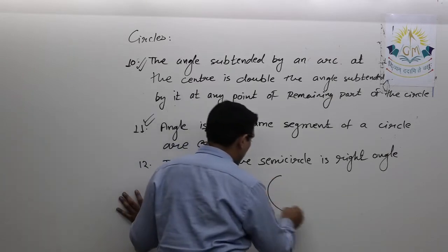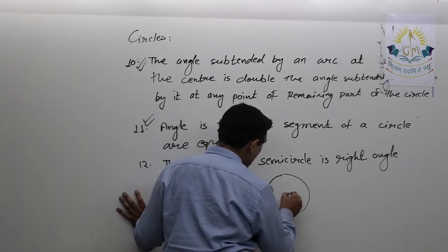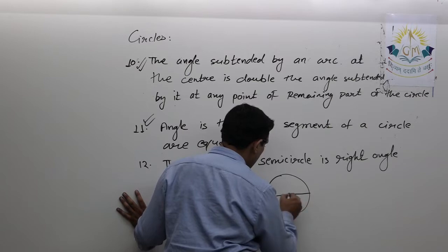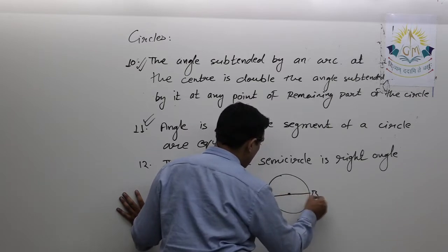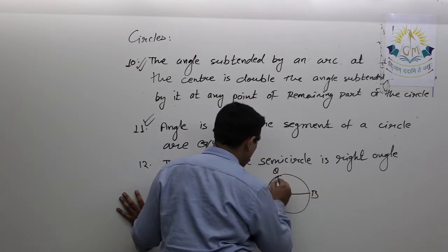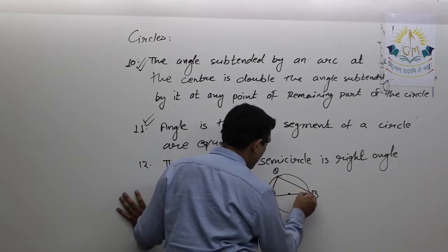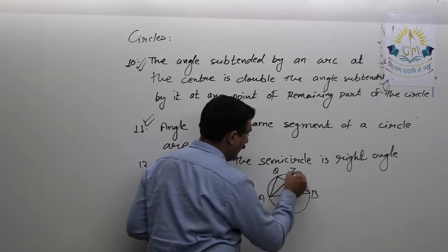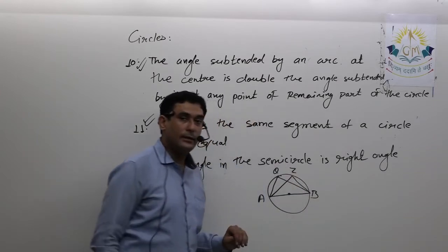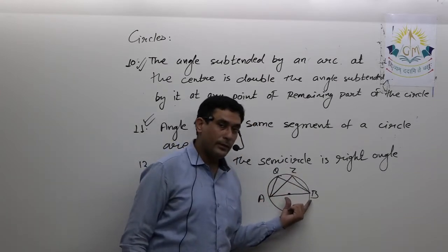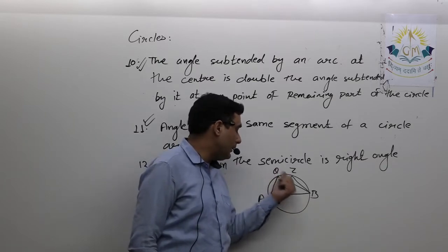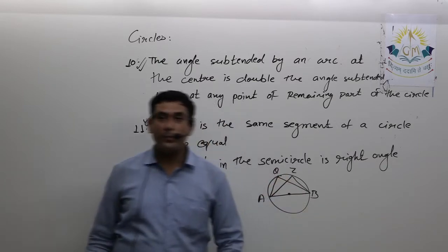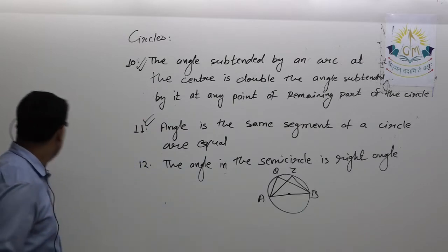That means if I draw a circle and let this be the center, then this angle AQB will be 90 degrees because it is subtended by the diameter, the semicircle. Also, if I say this angle AZB, it will be 90 degrees. That means all the angles subtended by this diameter at the semicircle will be 90 degrees.